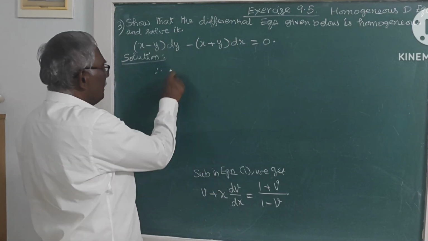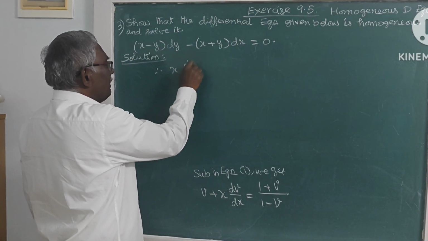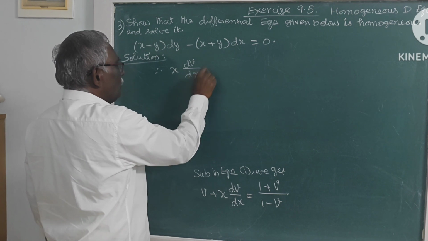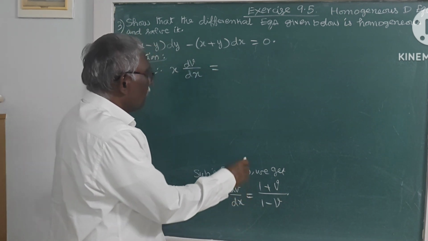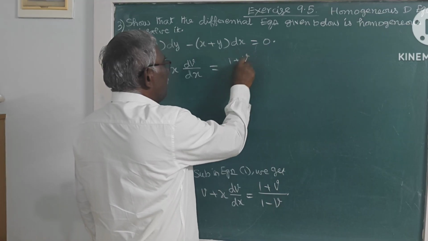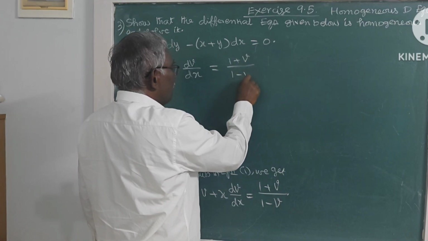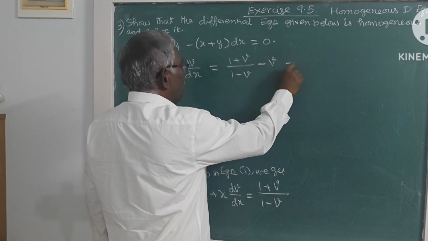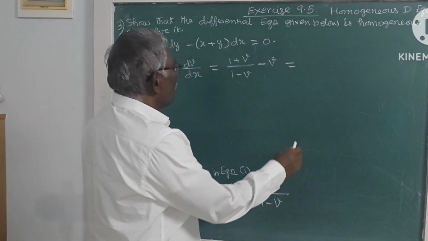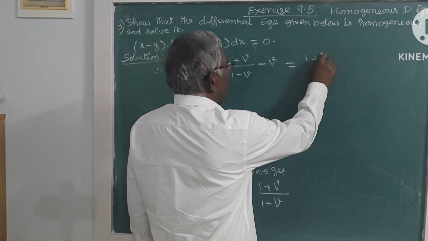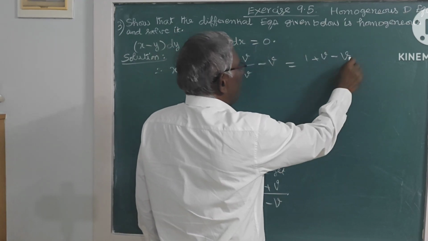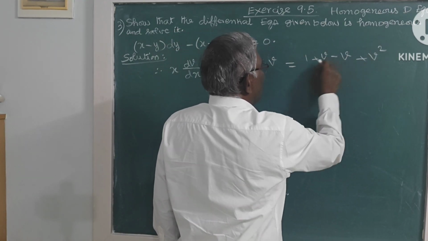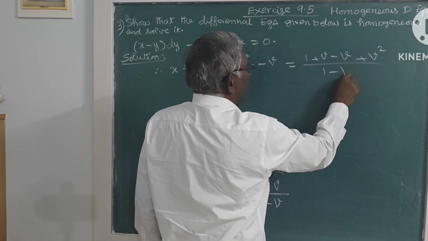Therefore, x into dv by dx is equal to, we'll take v to the right hand side, 1 plus v by 1 minus v minus v. So this is equal to 1 plus v minus v plus v square by 1 minus v.